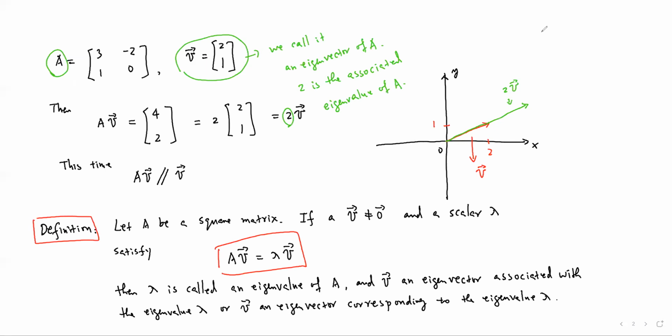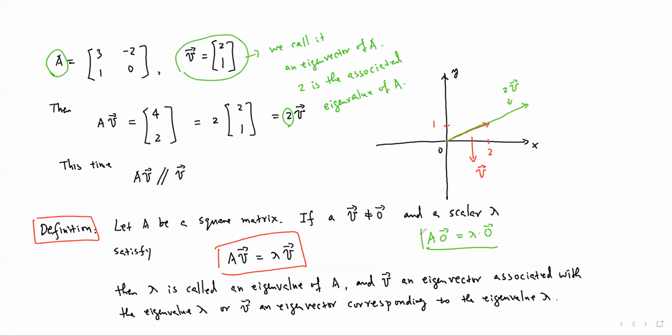Because if vector v is zero, then A times zero is lambda times zero. This equation is always true for any matrix A and any scalar lambda.